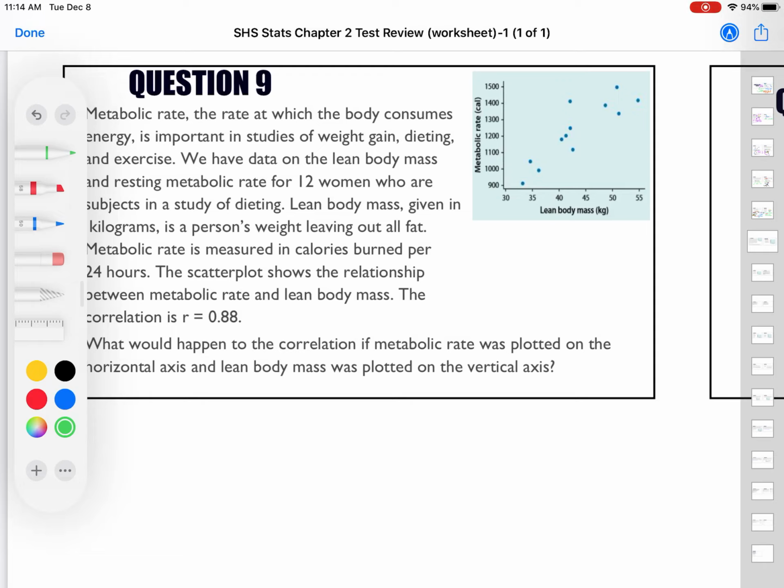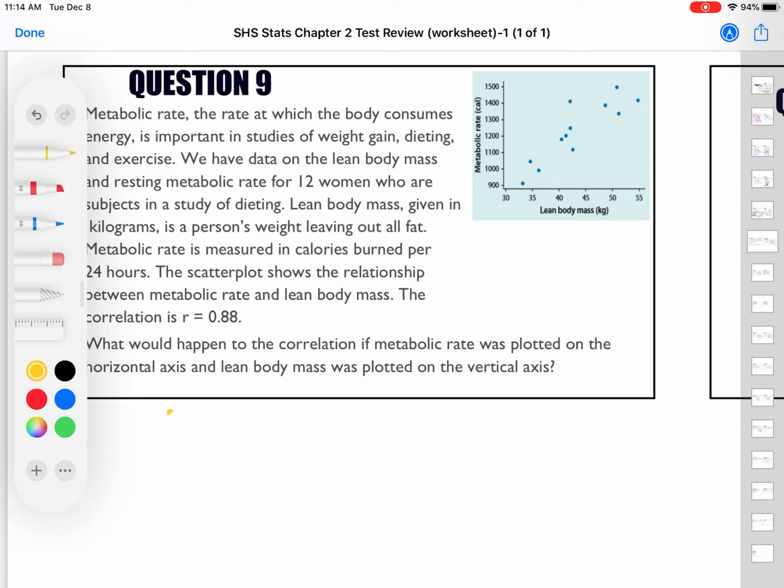Metabolic rate is measured in calories burned per 24 hours. The scatter plot shows the relationship between metabolic rate and the lean body mass. And the correlation is 0.88. What would happen to the correlation if the metabolic rate was plotted on the horizontal and the lean body mass was plotted on the vertical?